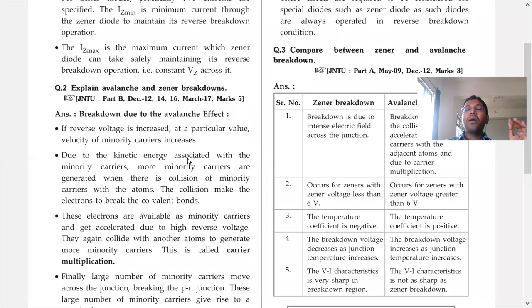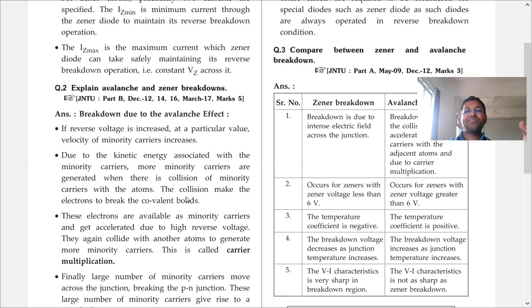But under reverse bias condition, what are the charge carriers which are flowing? The minority charge carriers. Due to the kinetic energy associated with the minority carriers, more minority carriers are generated when they collide with the atoms.